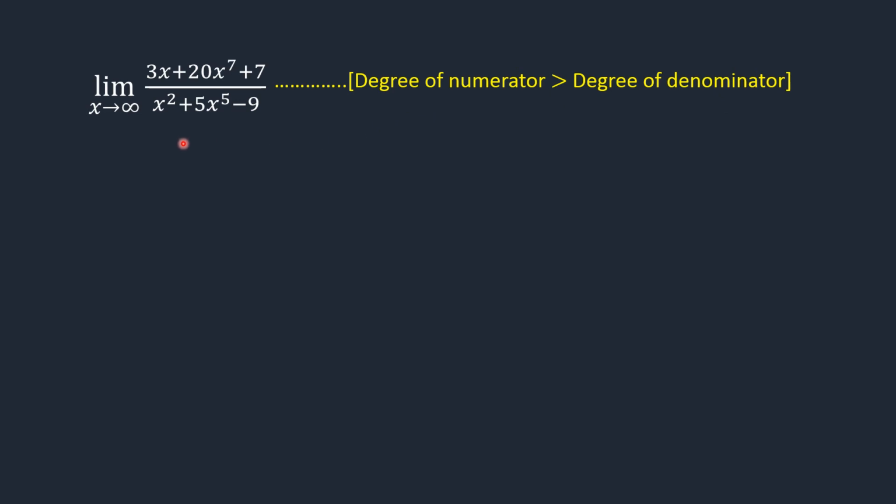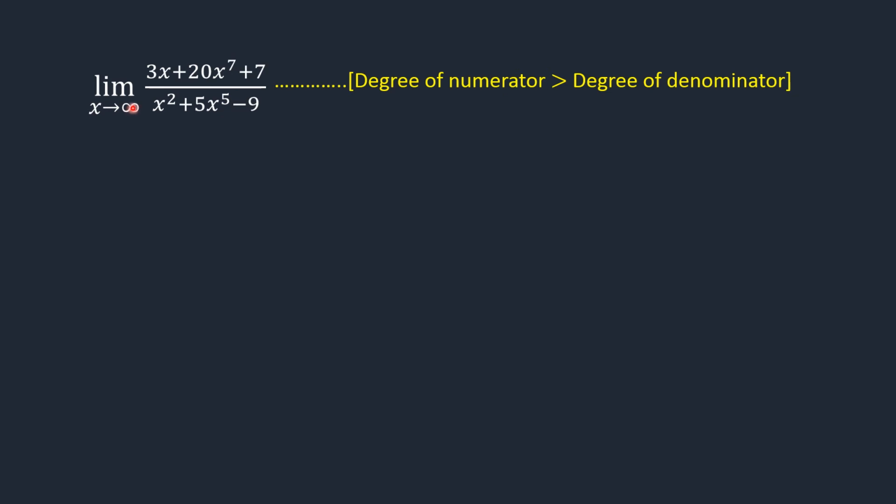Moreover, the lower degree terms 3x and 7 in the numerator and x squared minus 9 in the denominator will be insignificant compared to the highest power terms x to the power 7 and x to the power 5 as x approaches infinity.